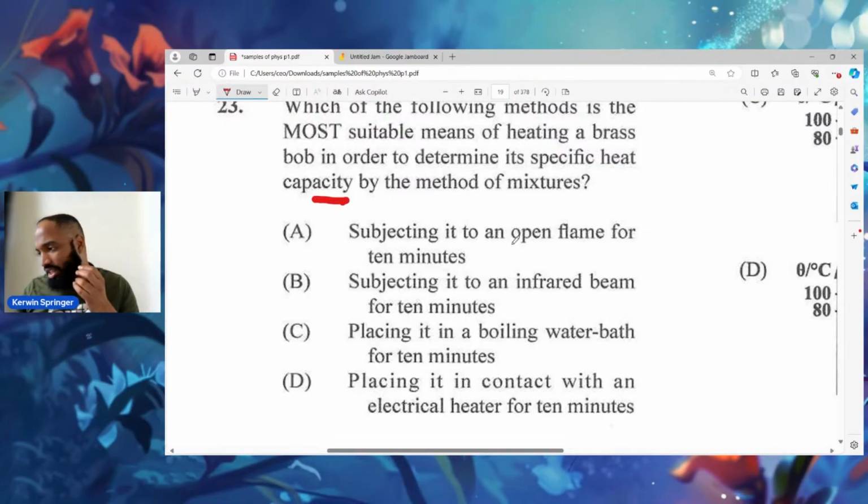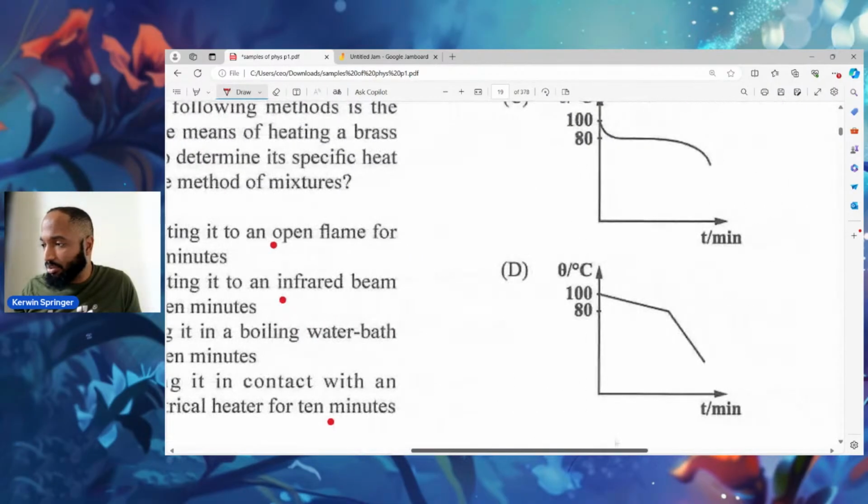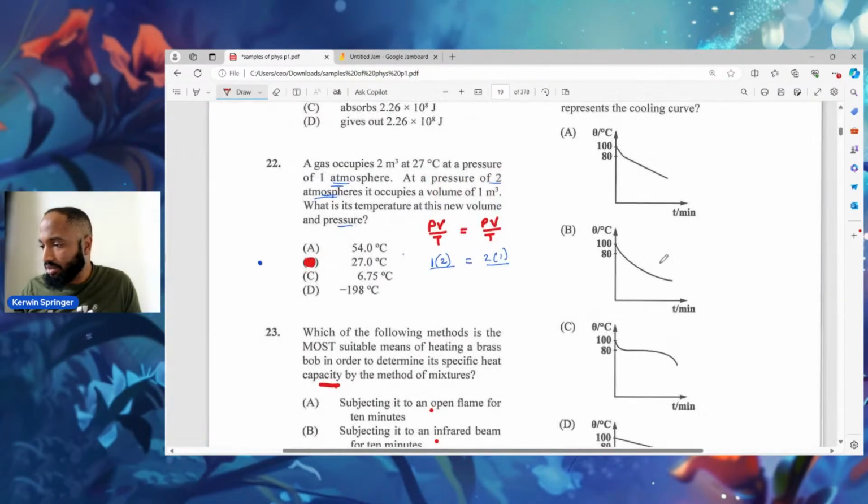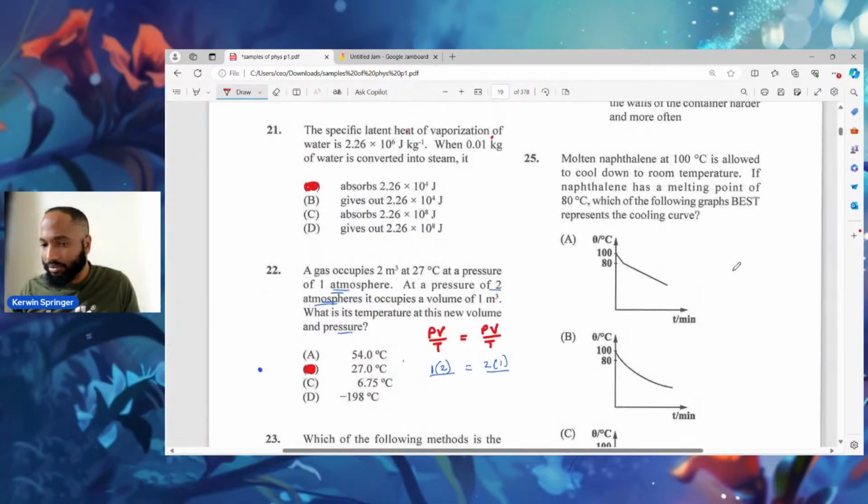You see, all these others kind of leave room for a lot of heat loss. So this is the best one for you to be able to measure it. Even the others could work if you had a more controlled environment and then carried out your method of mixtures. But C is the answer.